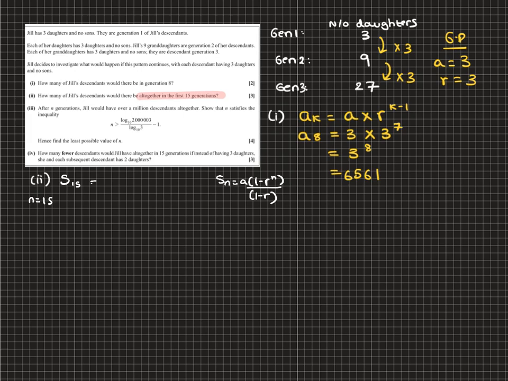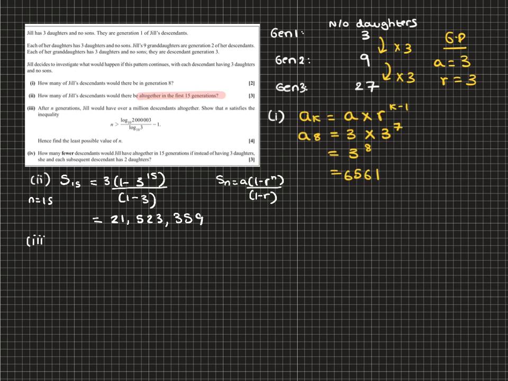So S15 is equal to 3(1 minus 3 to the power of 15), all over 1 minus 3. Input that into your calculator, and this comes to a value of 21,523,359. And that's the total number of descendants.